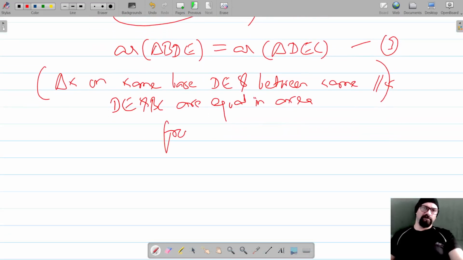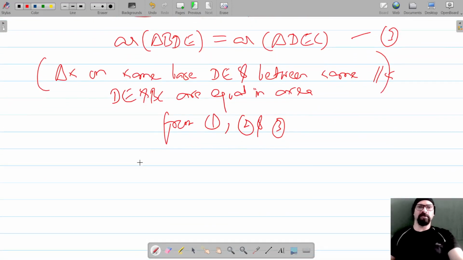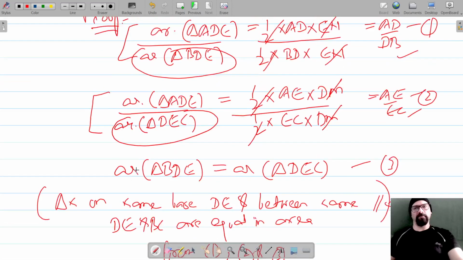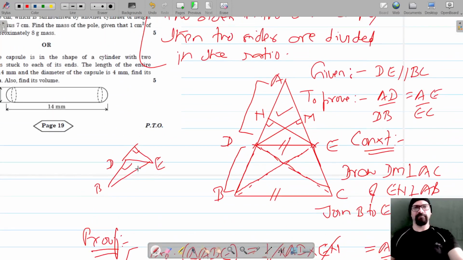So instead of replacing the value, I can simply write that from 1, 2, and 3, AD by DB is equal to AE by EC, and this is our basic proportionality theorem.